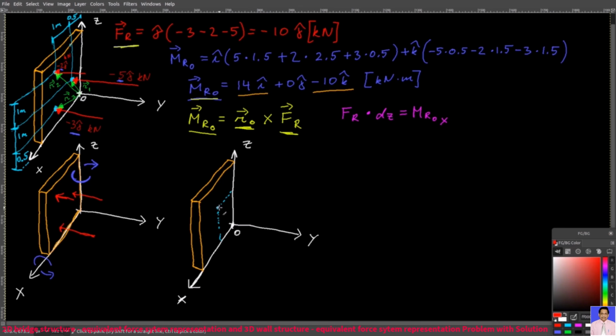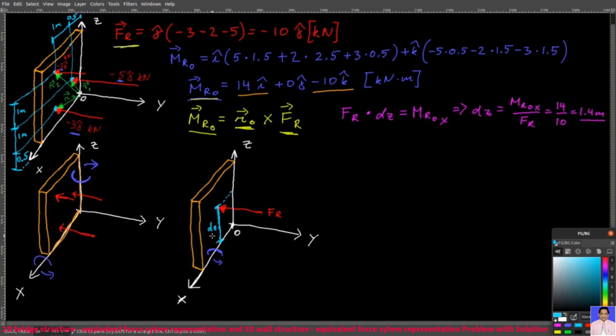It makes sense, right? If this is my FR, and then this distance here is my distance in the z direction, then I will get a moment about the positive x-axis. And so my dz equals MROx over FR, so it's going to be 14 over 10, and it will give me 1.4 meters.